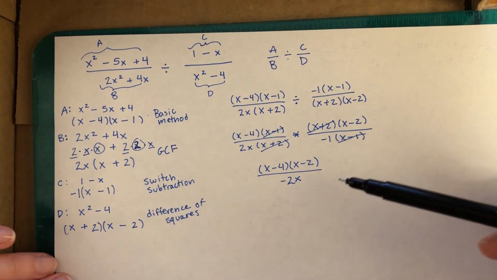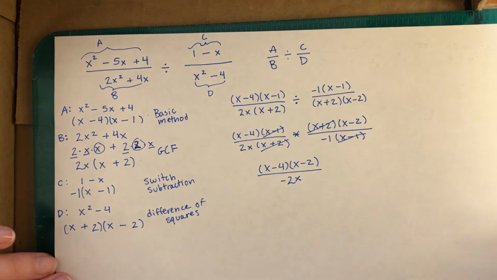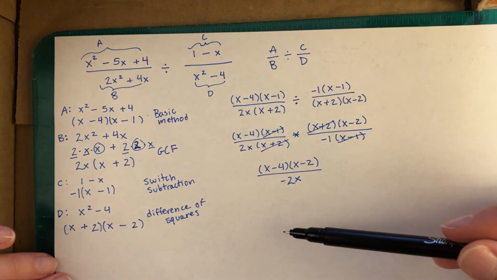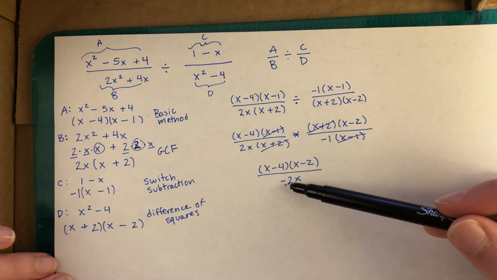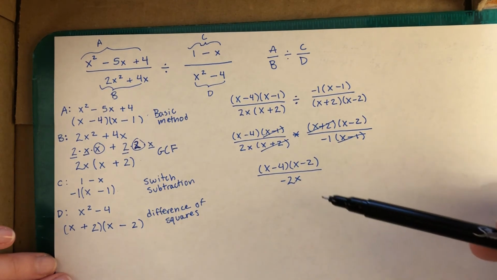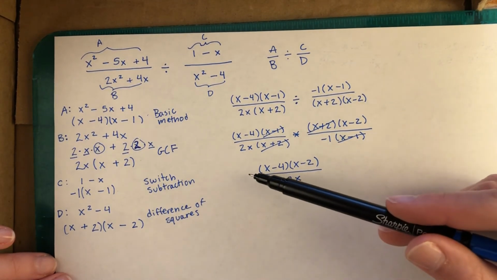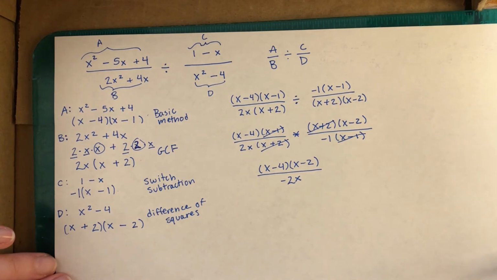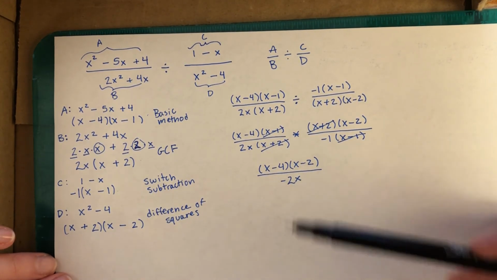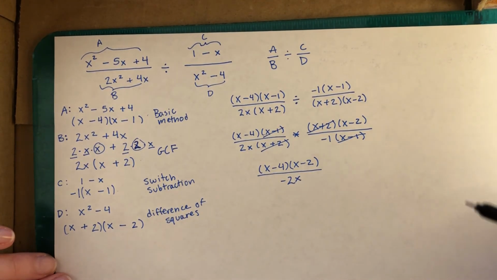You could stop here, depending on what the problem is asking for. But let's take it a little bit further. So first of all, you can write a negative sign on the bottom like this. It turns out that that's the same as writing that negative sign on the top. Dividing by negative 1 is like putting it on the bottom. Multiplying by negative 1 is putting it on the top.